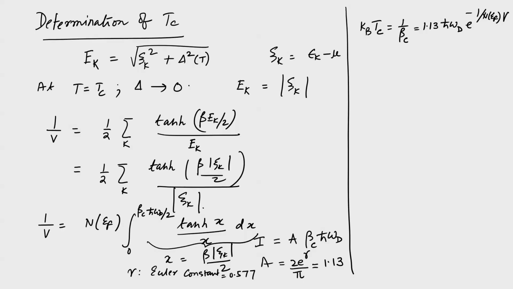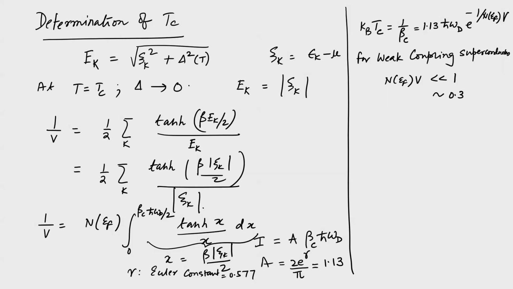However, this expression of Tc goes as exponential minus 1 by N epsilon f V, and for weak coupling superconductors N epsilon f V is much smaller than 1, or at least much smaller than 1, and in the BCS case it is taken as 0.3, which is smaller than 1, but not much smaller than 1.